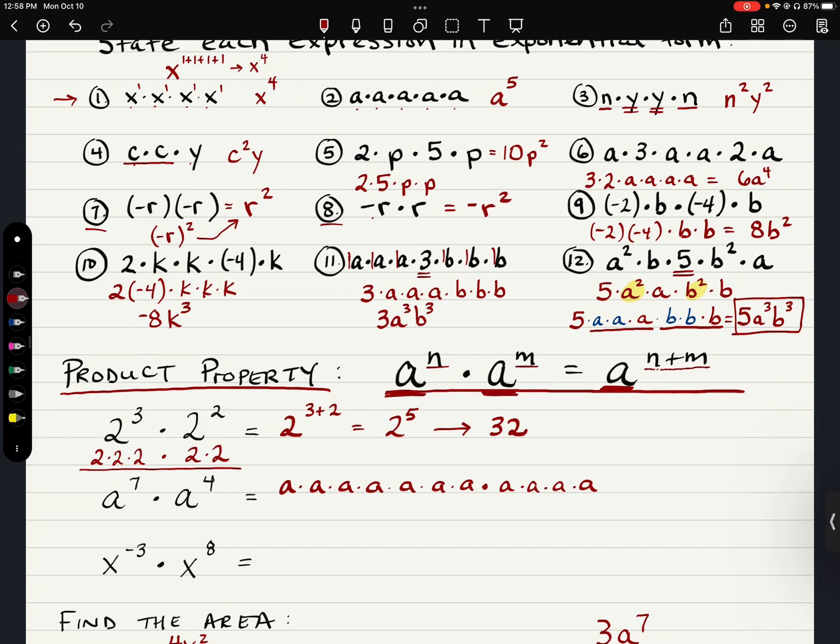So what we do is we use this shortcut, or the property. We know that they have the same base, they're both a. And since it's multiplying, we're going to do 7 plus 4, which gets us a to the 11th. We're multiplying a times itself 11 times, but to write it like this would probably be a little bit easier.